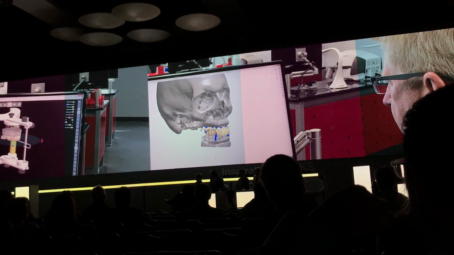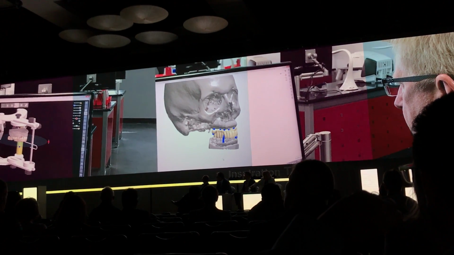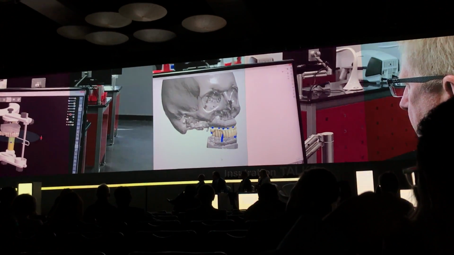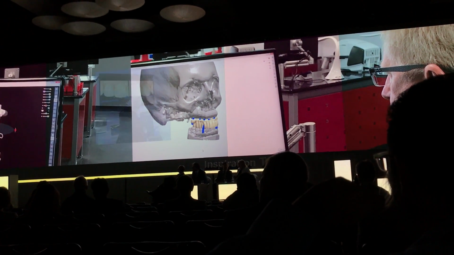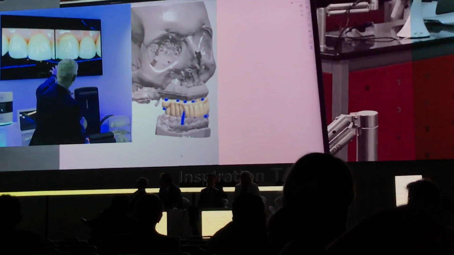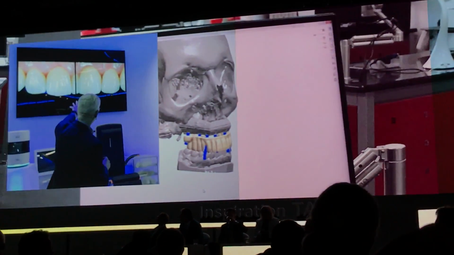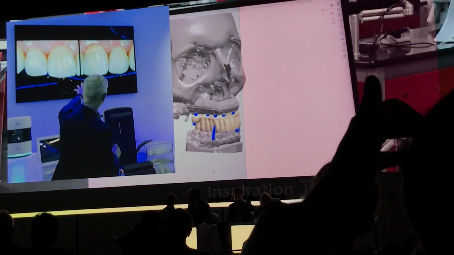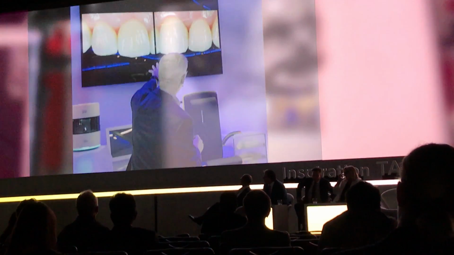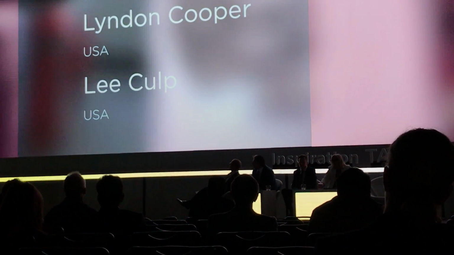Lee has been the recipient of too many awards to mention, including the Kenneth Rudd Award from the American Society of Prosthodontics and a Distinguished Dentistry Service Award. Lee is the inventor of many of the materials, products, and techniques used in dentistry today, and truly one of the most exciting and innovative lecturers in digital dentistry. Please give a very warm welcome to Lee Culp and Lyndon Cooper.